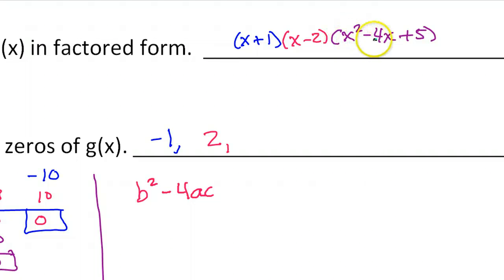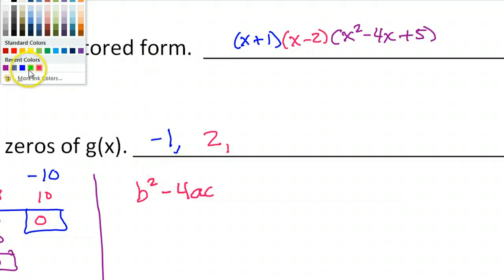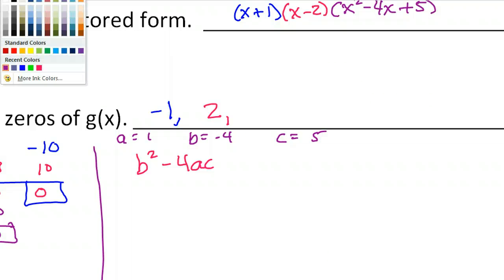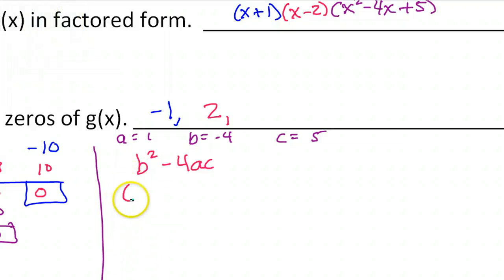Remember, we're looking at this trinomial right here, so it's helpful to keep in mind a, b, and c. A is 1, b is -4, and c is 5. So b squared minus 4ac becomes -4 squared minus 4 times 1 times 5. Did we really need the 1? No, we did not.